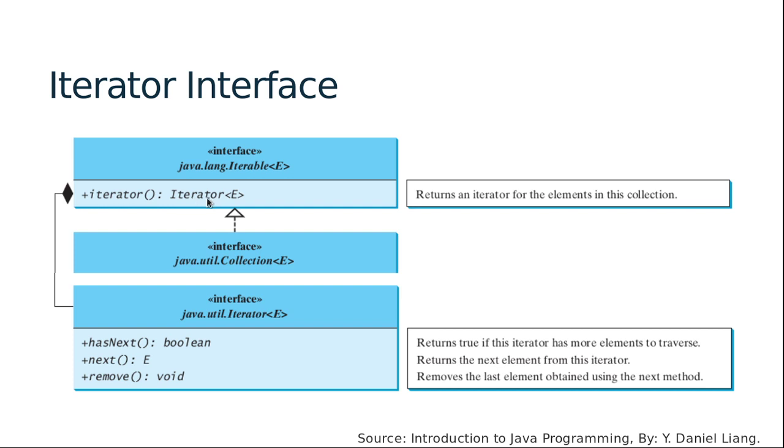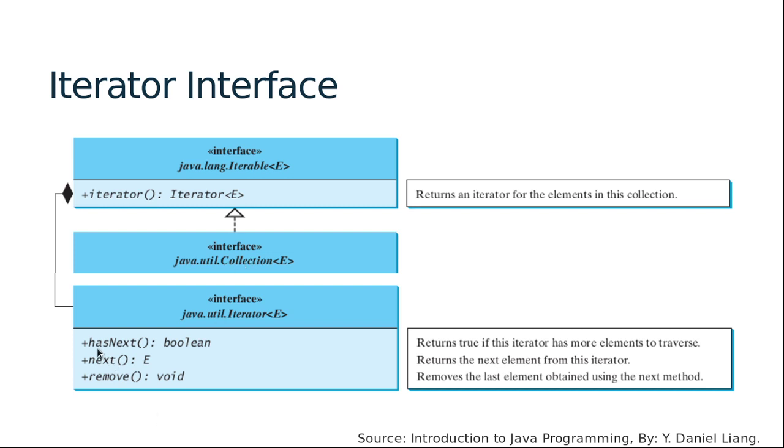Now, this iterator object is actually of the iterator interface, and this iterator interface has a few methods which will help us to iterate our entire collection.